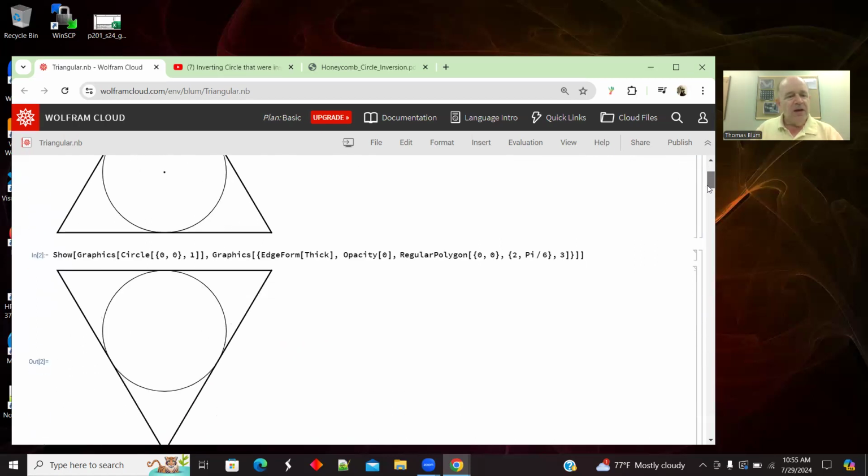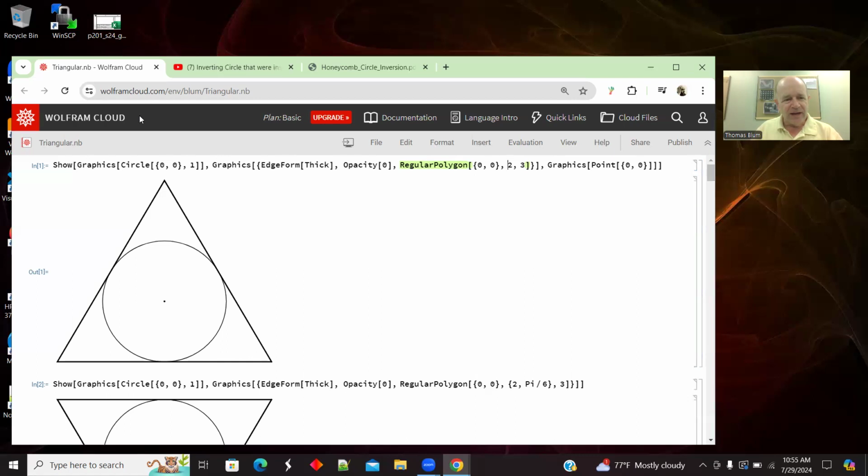Okay. And then in the triangular lattice, if this arrow is pointing up, the neighboring triangles are going to be pointing down. And so I had to learn how to do that. The syntax for a regular polygon is, in curly brackets, the X and Y of the center, a radius, and a number of sides.